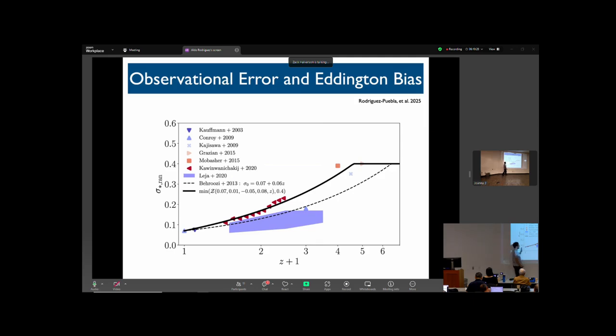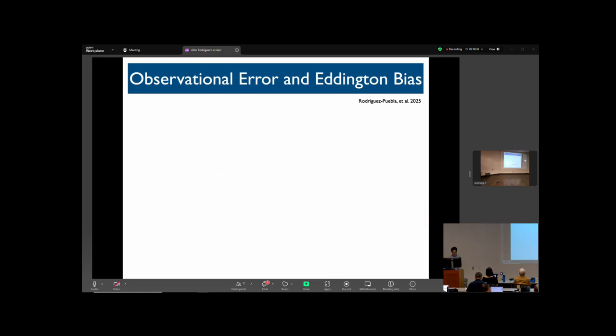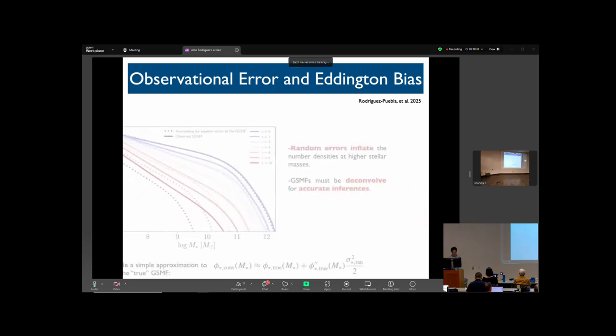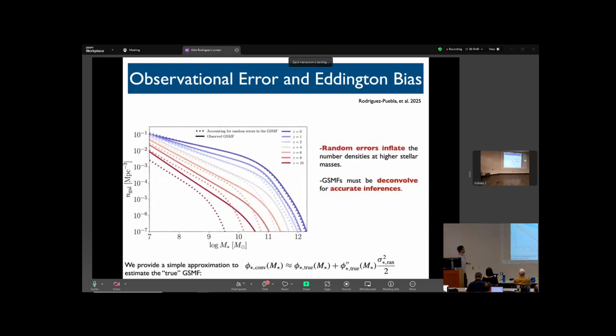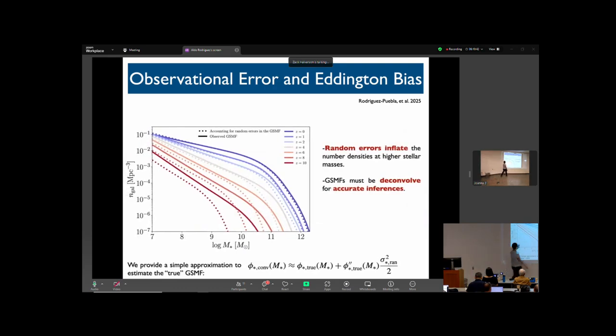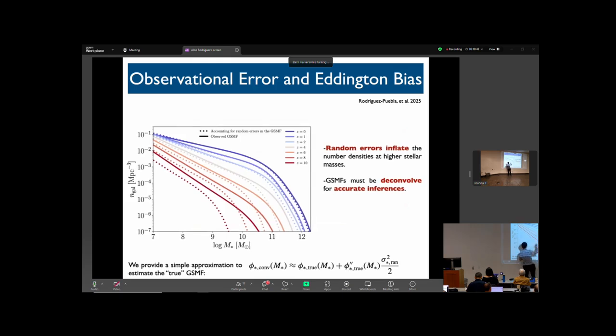So as we go to higher redshift, these errors increase. If you don't take into account those random errors, you will use these solid lines to track your constant number density, as I showed before. But if you account for random errors, you should use now this dashed line. So see how much difference we have here after accounting for random errors.